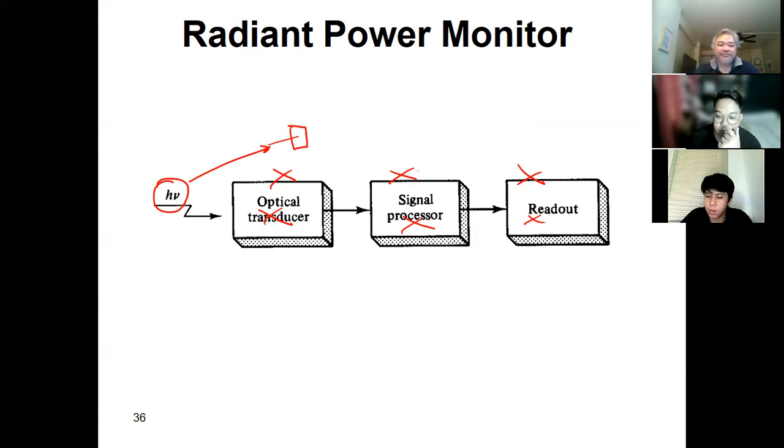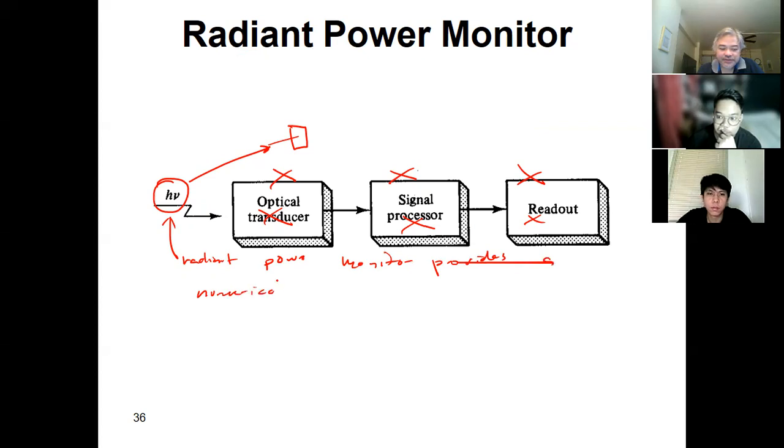So what happens here, your radiant power monitor provides a numerical readout that is related to the radiant power.